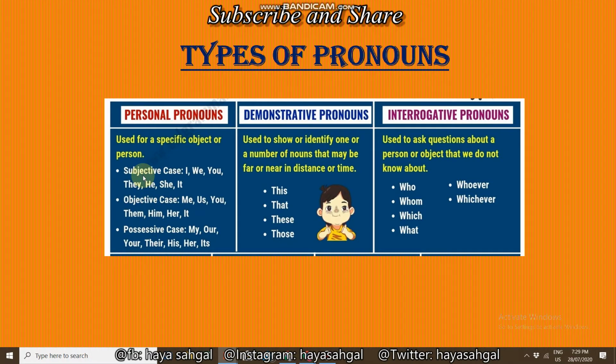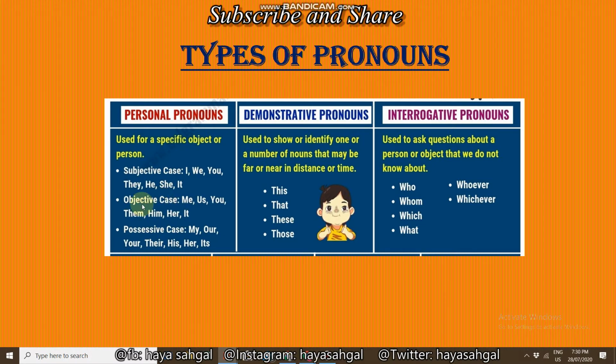Subjective pronouns are used instead of the subject. Subject means the one who is doing something in the sentence. Subject is a noun who is responsible to do something in a sentence. So subjective pronouns are I, we, you, they, he, she, it.